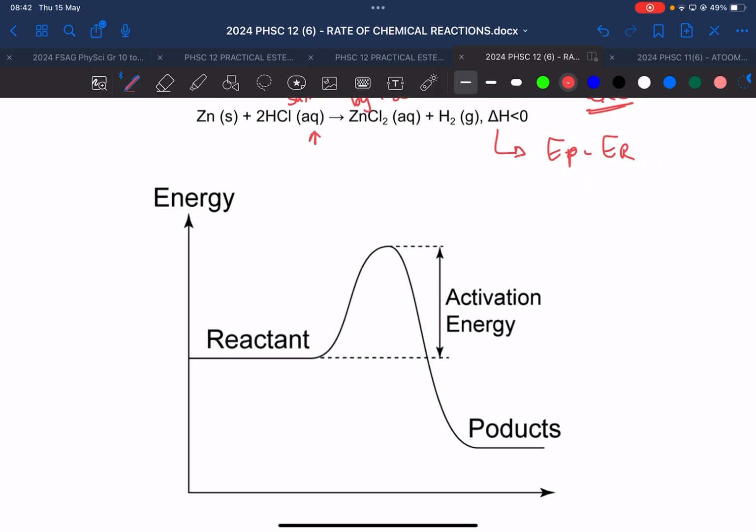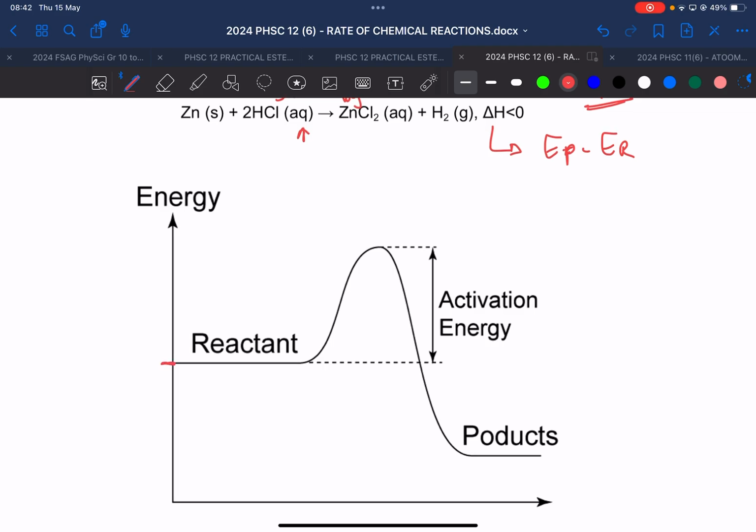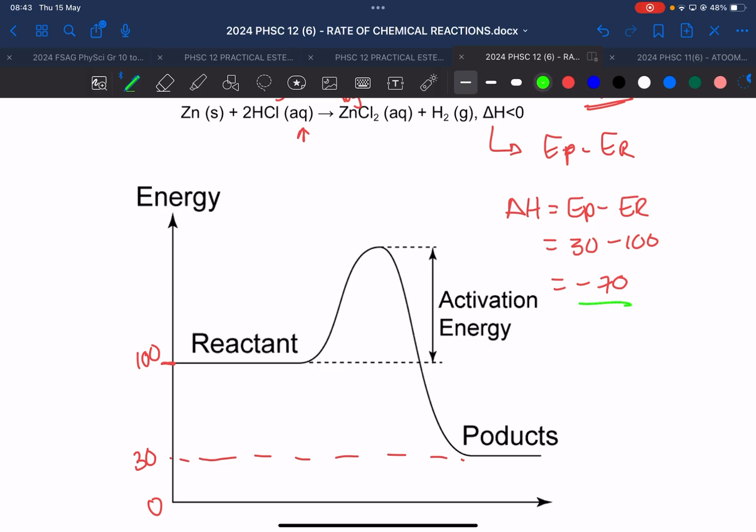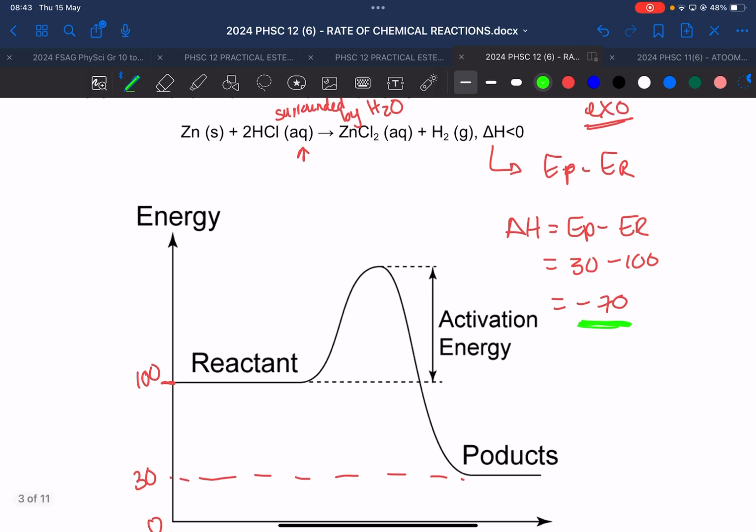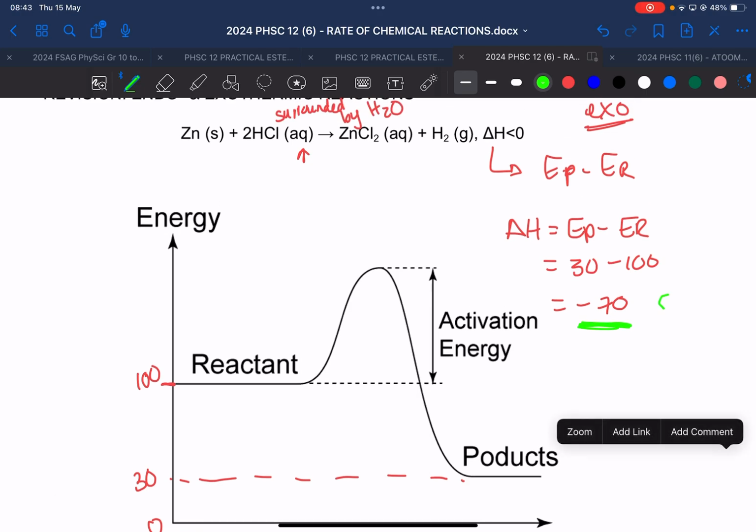So if we look at this reaction, let's say the energy of the reagents was 100, and then the energy of the products is less than that, let's say 30, if this is our 0 mark. Then to calculate the heat of the reaction, it will be the energy of the products minus the energy of the reagents, which will be 30 minus 100, and you get negative 70. And the fact that it is negative 70 tells you that it released energy into the environment. So there you can see that it is smaller than 0.